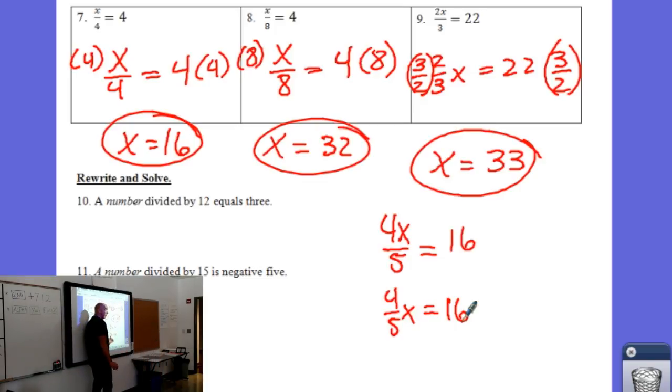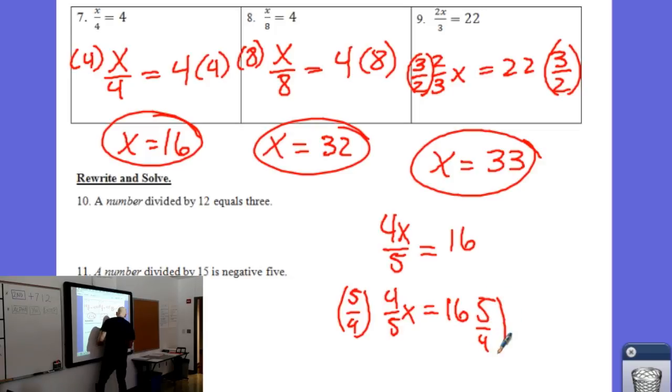So what's the reciprocal of 4/5? 5 over 4. We don't have to multiply this side because we know 5 over 4 times 4 over 5 is 1. So we have x equals, and now all you have to do on the calculator is 16 times alpha y equals enter, 5 over 4, press enter. 20.